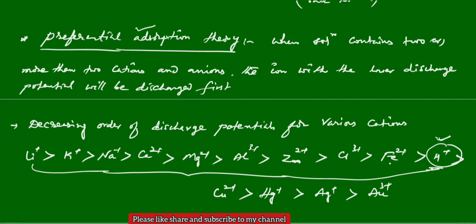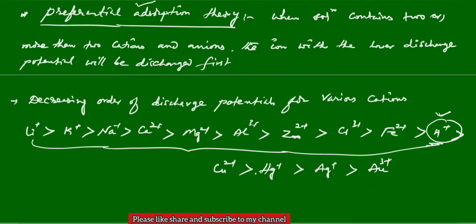So either we can explain with respect to the electrochemical series or with respect to this preferential adsorption theory. Now if there is a competition between copper, silver or gold with the H plus ion, then instead of H plus, copper or silver can deposit at the cathode. Why? Because they have positive reduction potential values. Again, if you see the electrochemical series, they have positive values: copper plus 0.3, silver plus 0.8, like that.